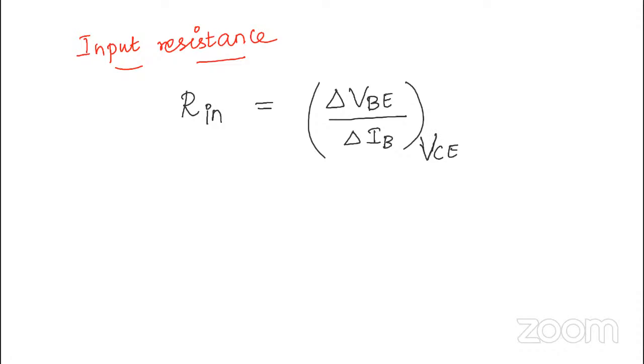All the values you have to mention as a suffix, written below: VCE, VBE, and here IB.